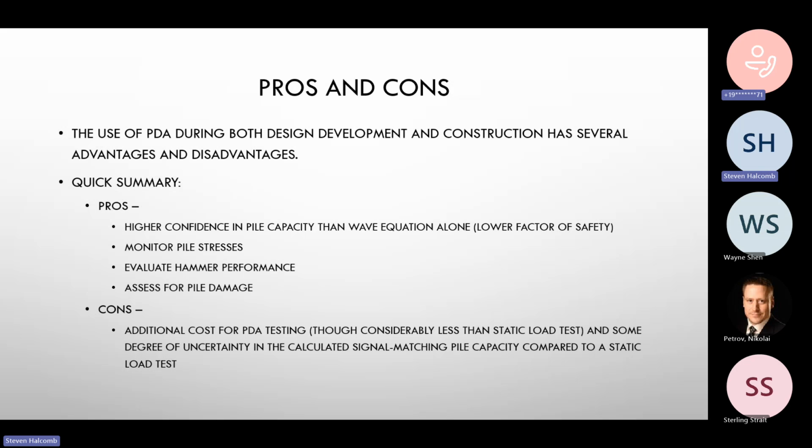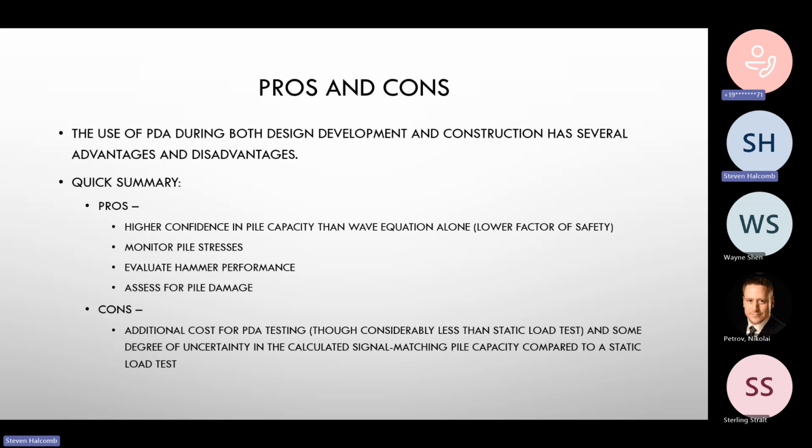You install the pile as normal, then to test it, you have to load it, and to load it, you have to build a reaction frame. So you're driving all these additional piles to withstand the uplift resistance, and then you're jacking it with a hydraulic press to see how much that pile will settle with load, to get that curve and that relationship of capacity. Certainly, that is a much more expensive way to verify capacity.